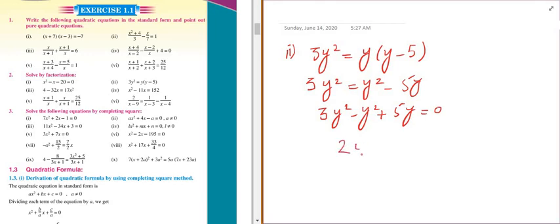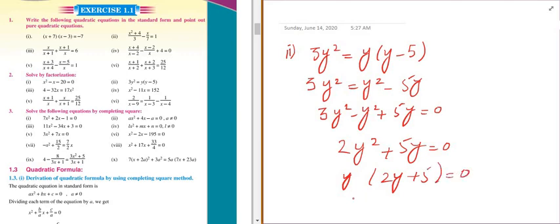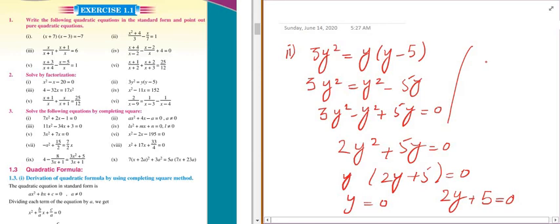This is 2y square plus 5y equals 0. Just take y as common, y into 2y plus 5 equals 0. This is y equals 0, or 2y plus 5 equals 0. What is this? y equals minus 5 by 2.